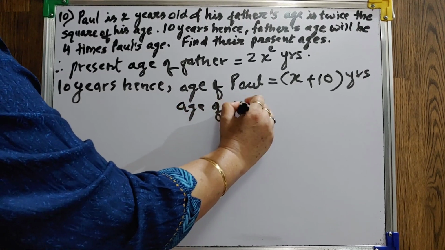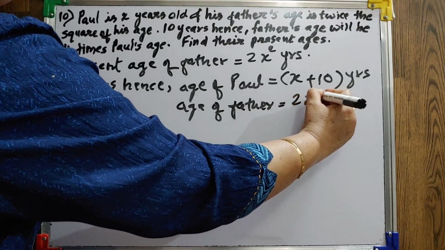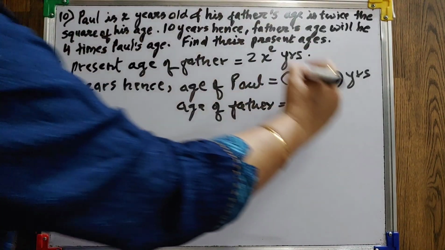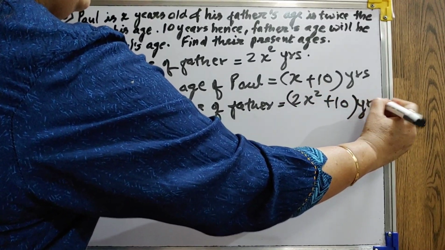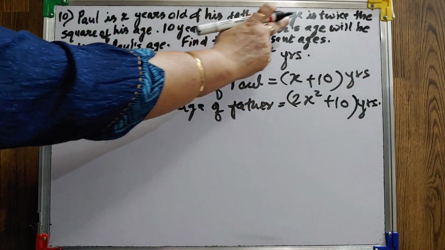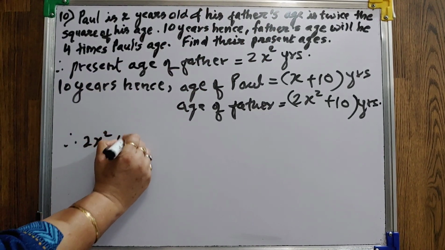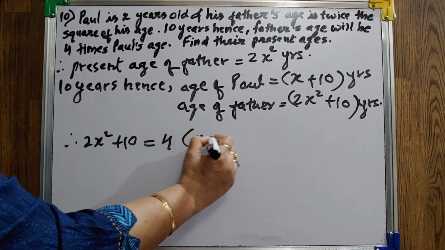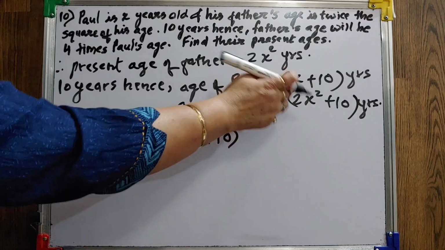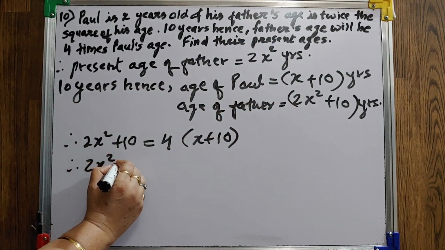Age of father is presently 2x square, so after 10 years, it will be 2x square plus 10. Now, a relation is given between these ages. Father's age, 2x square plus 10, will be 4 times the age of Paul. Now, solve this.